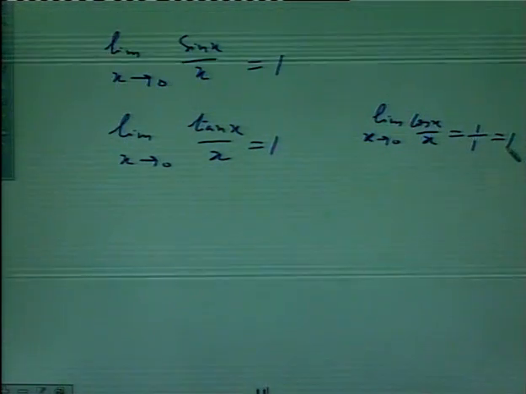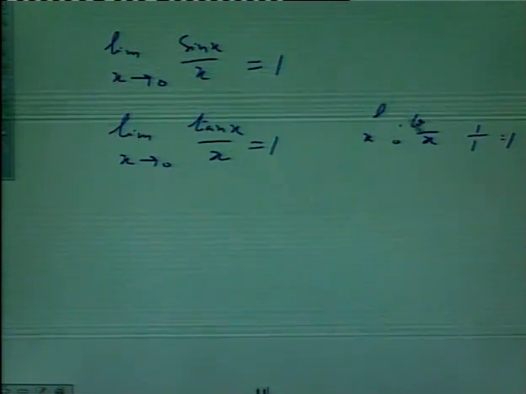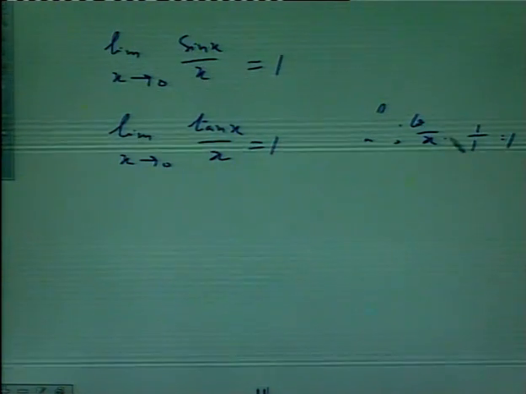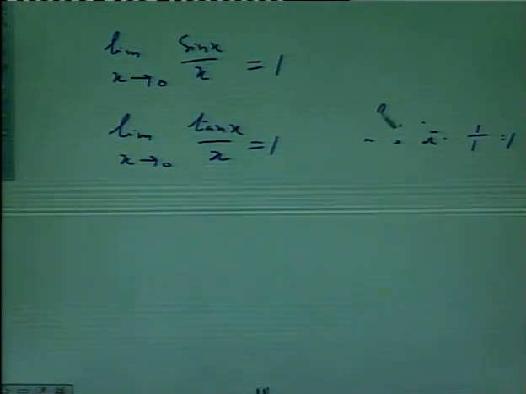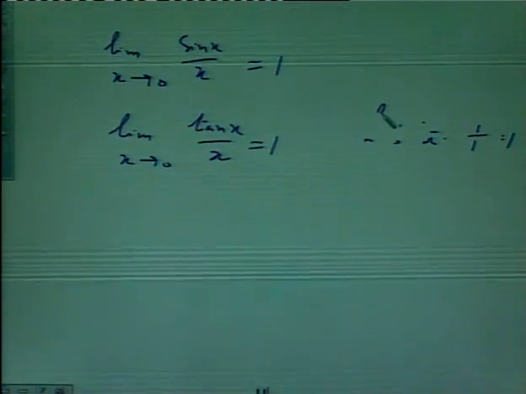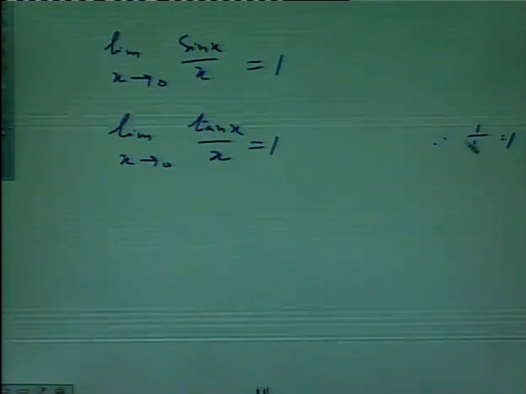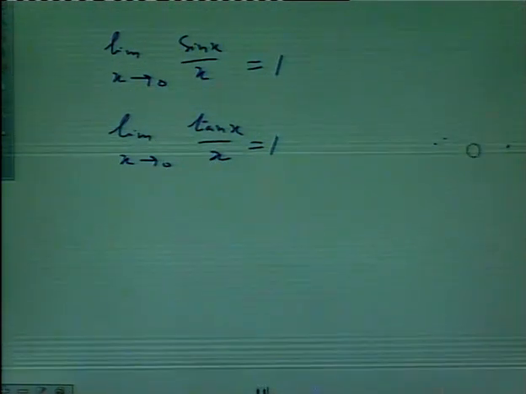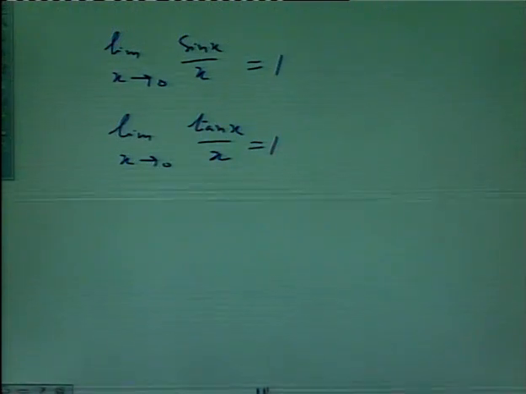We apply this type of result because otherwise it becomes an indeterminate form. When we take cos x upon x, it becomes an indeterminate form. So we always try to convert the trigonometrical limits into sin x upon x and tan x upon x. Okay, thank you.